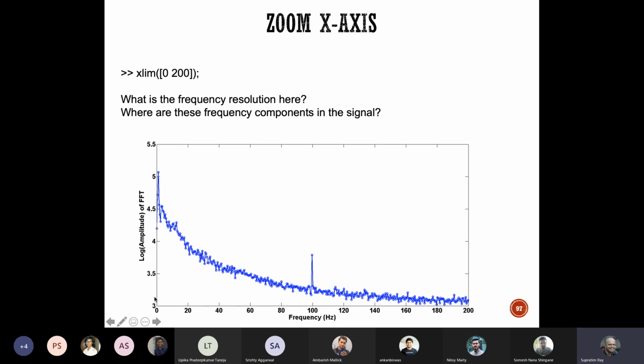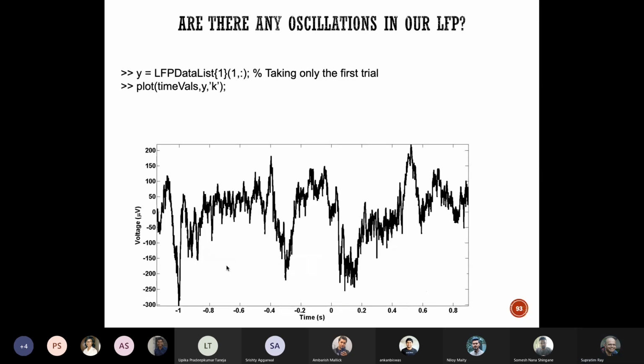So from 5 to down to almost 3, it's a 100-fold change in amplitude as you go from 0 to 200 hertz. Okay, and then we noticed that the Fourier components here are essentially for the entire signal.